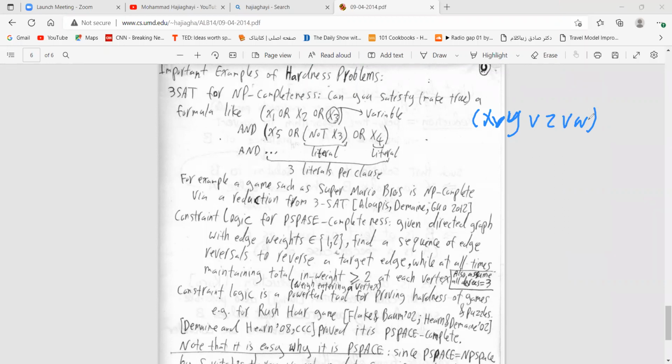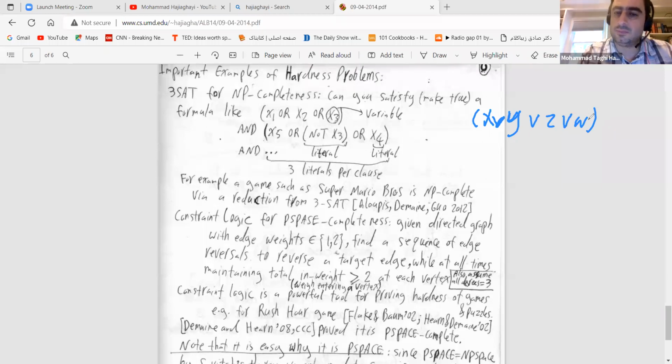Can we just split the 4 variables into 2 sets of 2? Yeah, okay. Then what do we do?